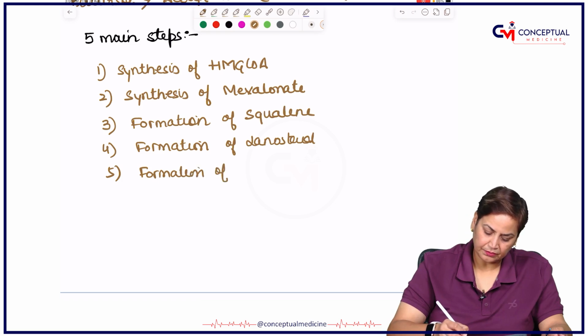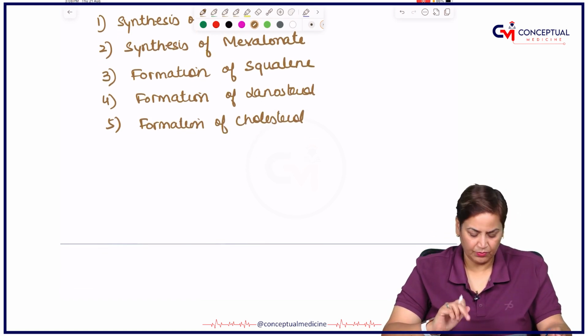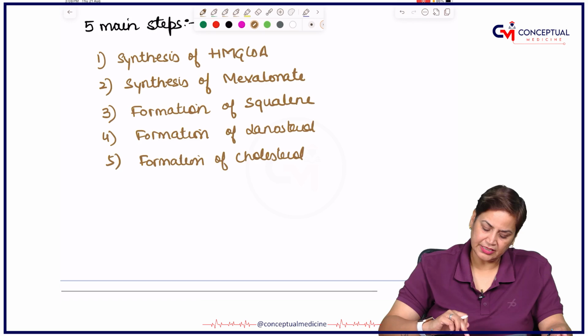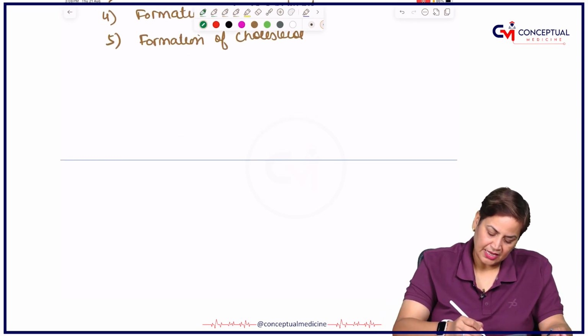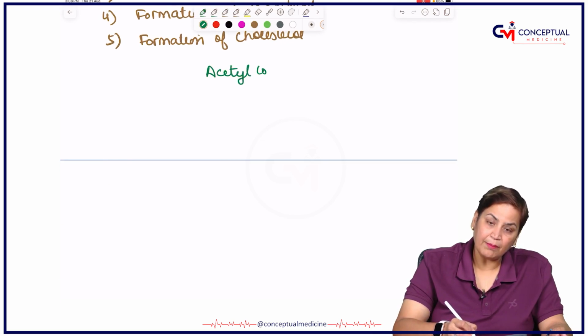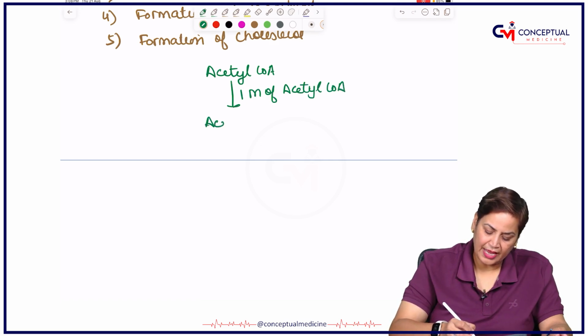Now, how is this HMG-CoA produced, because this is the first step. The precursor is acetyl coenzyme A. So now see how the synthesis occurs. This acetyl coenzyme A combines with one more molecule of acetyl-CoA, forming acetoacetyl-CoA.